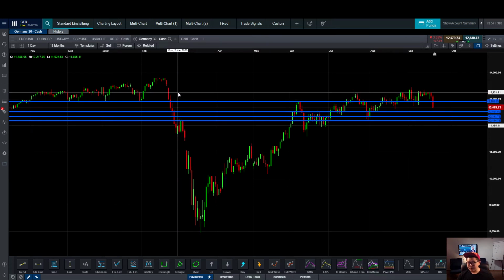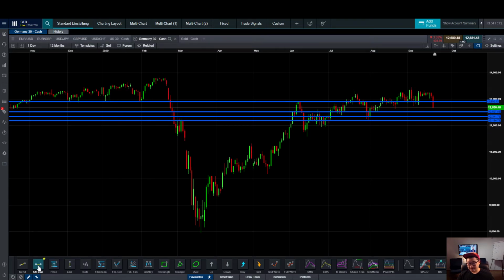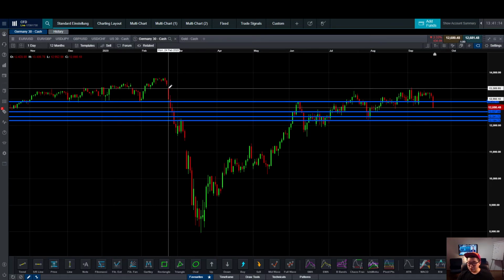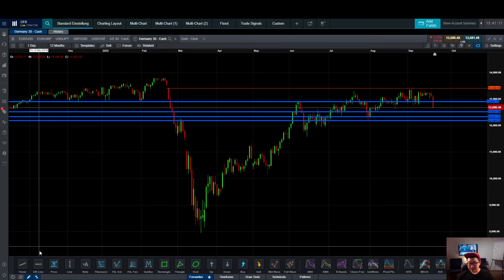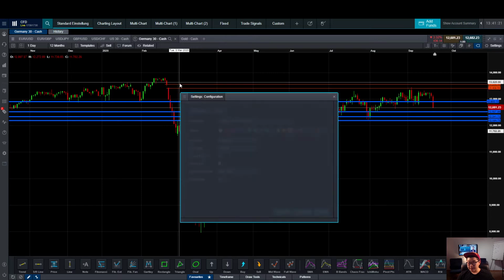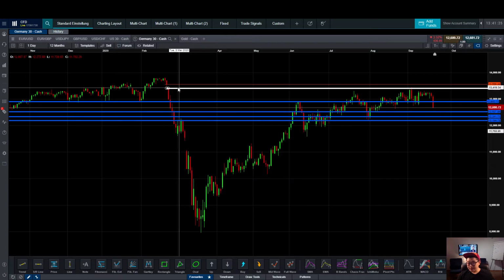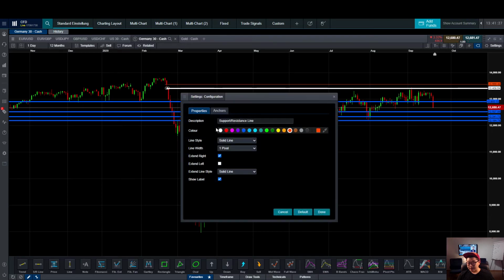Then, since we're up here, this is rather useless for now, but these two areas right here, I'm going to make them white, because I see a gap right here, and I like to keep gaps white and thick.